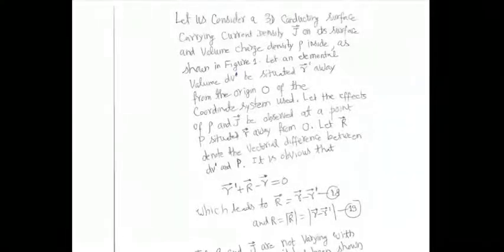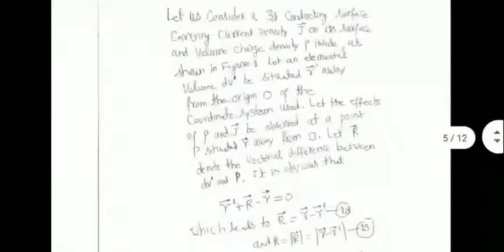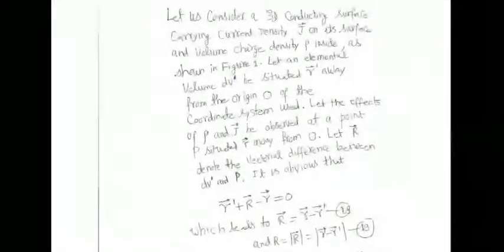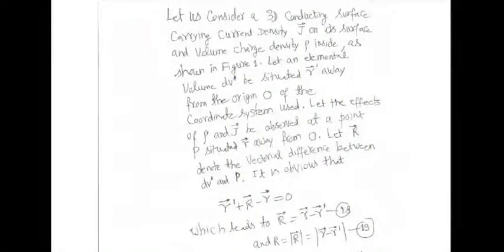Let us consider a 3D conducting surface carrying current density J on the surface and volume charge density rho inside. I've said all this already. It's written once again in plain English. These formulas are already shown on the previous page also, but here they are shown along with an equation number.